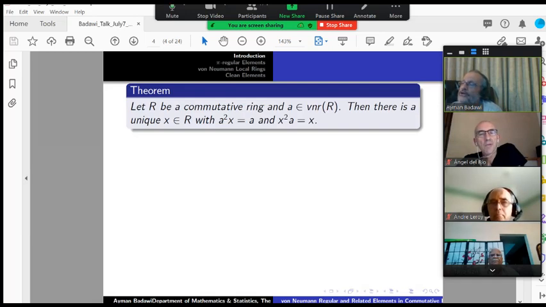Then there is a unique x with this property: a squared x equals a and x squared a equals x. So we have uniqueness for x if x satisfies these two conditions together. But with a squared x equals a alone, x need not be unique. Okay.